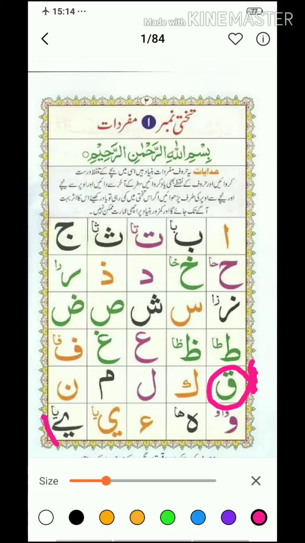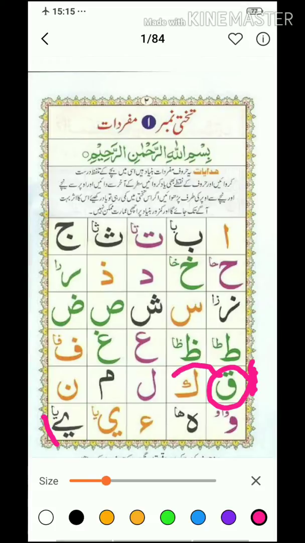If we compare this letter with the English letter, like in English we have the letter Q, here Qaf sounds the same as Q. While pronouncing Qaf, you have to make the sound from your throat, like Qaf, Qaf. I am not saying Kaf, it's Qaf.